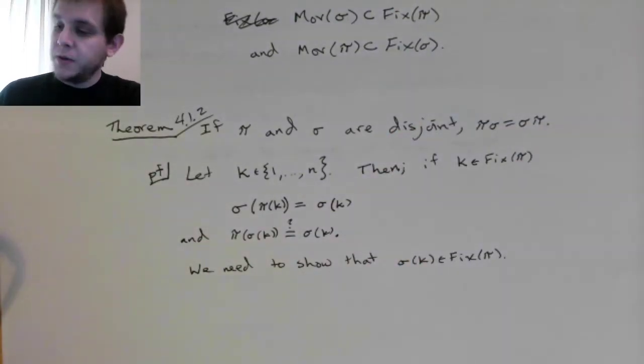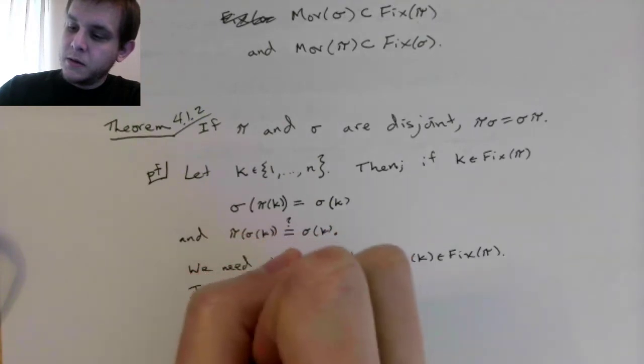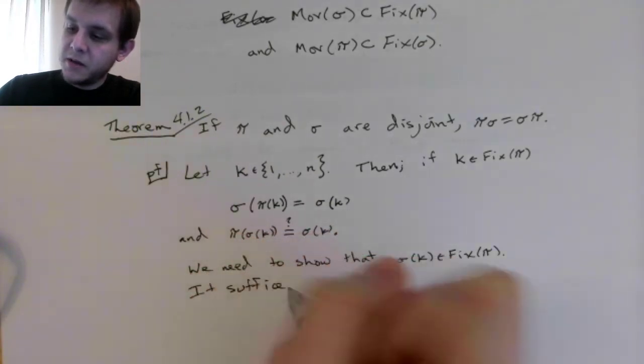So I just need to show that sigma of k is also moved.